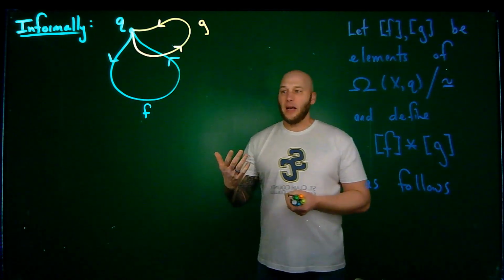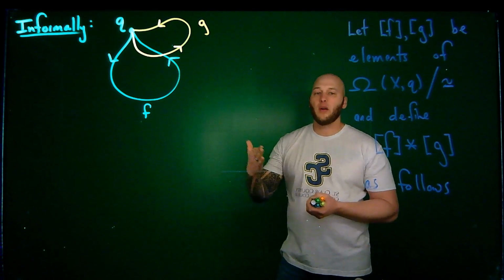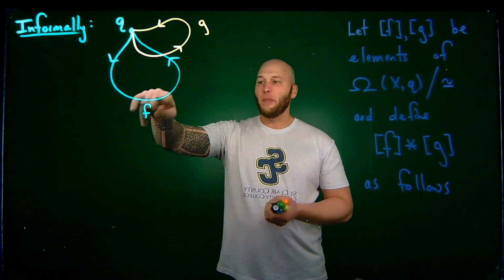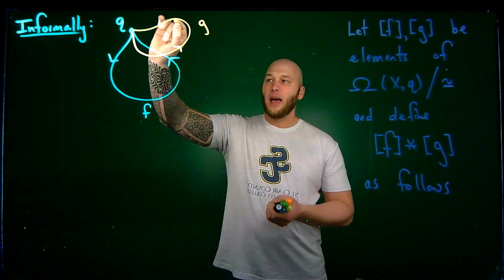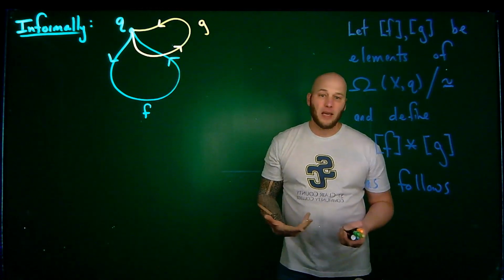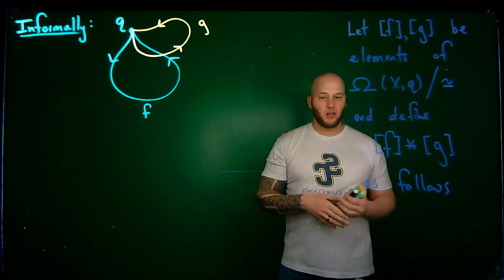That way the entire path is followed as t goes from 0 to 1. So 0 to a half would follow the path f at double speed, and a half to 1 would follow the path g at double speed. That would create one loop using both the function f and the function g.